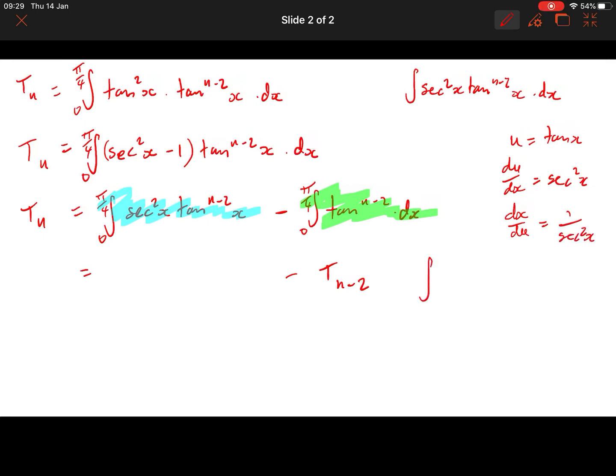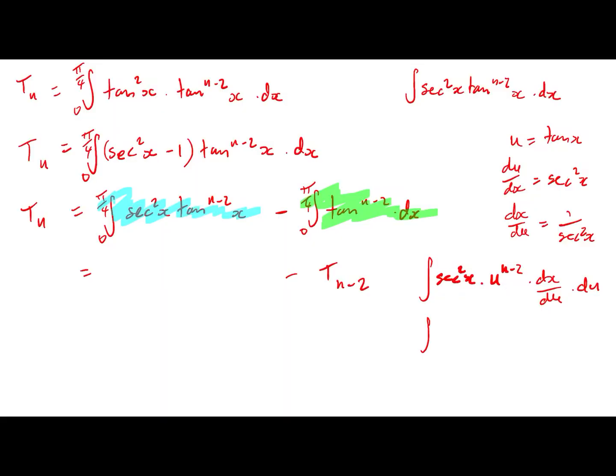So it will become sec squared x times u to the power of n minus 2 dx, employ the little trick, du, and now you can see that the sec squareds will cancel. Oops. So I'm left with u to the n minus 2 du, which is equal to 1 over n minus 2 u to the n minus 1.